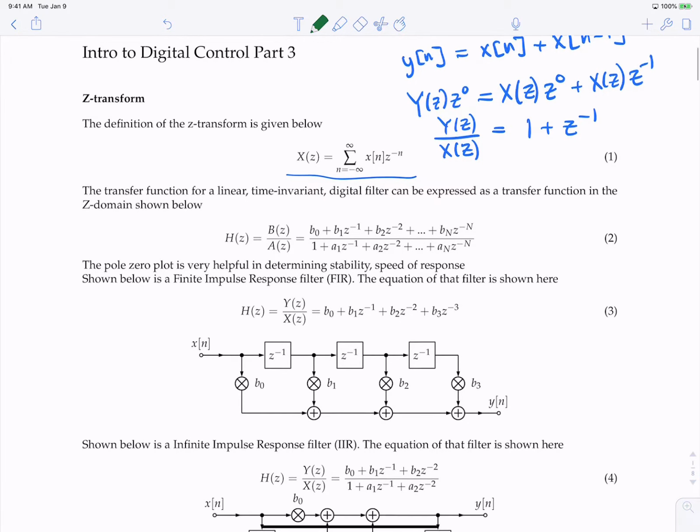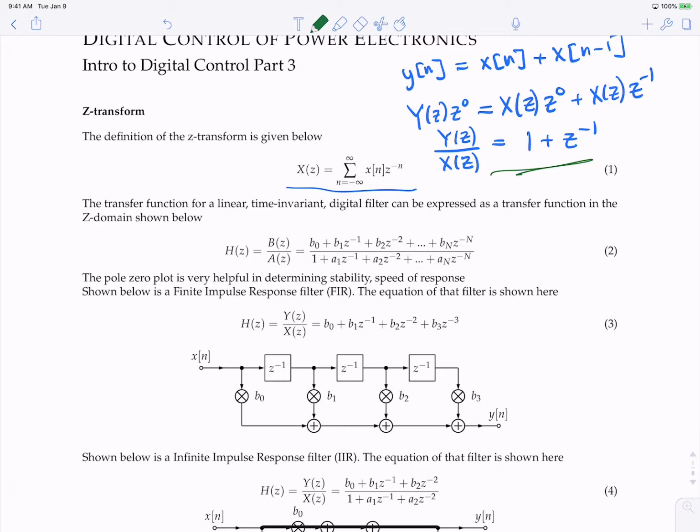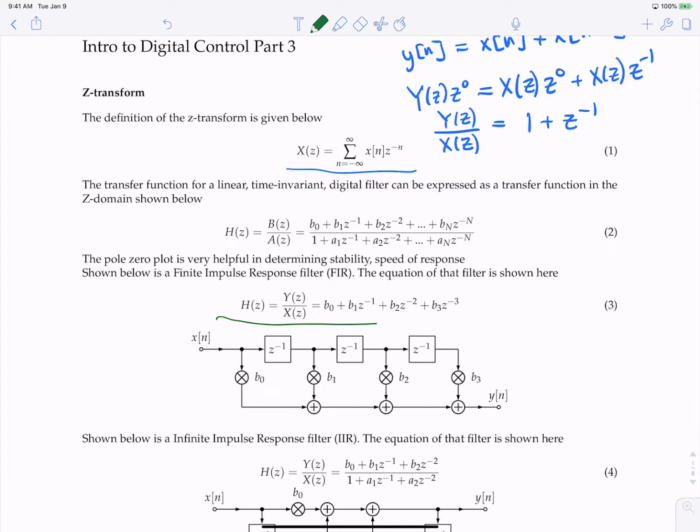All right, so let's consider this case up here, 1 plus z to the minus 1. If we have a transfer function that looks like equation 3 here, well, this is the current input, this is the input time delayed by 1, delayed by 2, delayed by 3, and B0 through B3 are the coefficients in front of those. What I've done down here is draw equation 3 in a signal flow diagram.